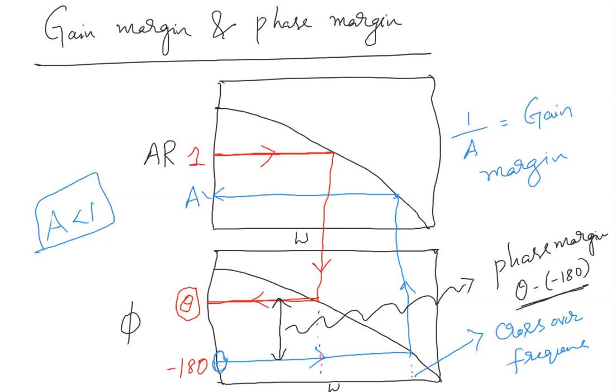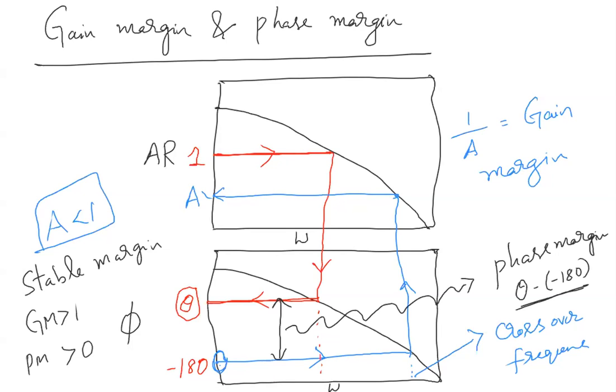So for stable systems, is your gain margin greater than 1 or less than 1? For stable systems, gain margin is greater than 1 and phase margin is greater than 0.